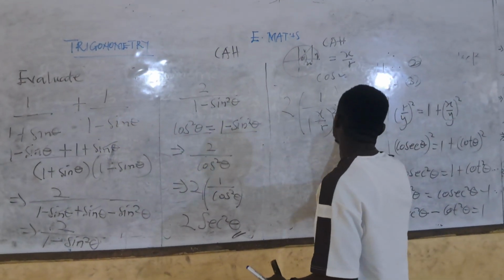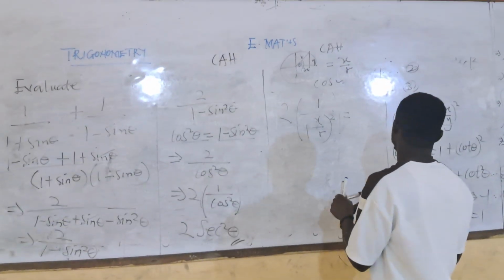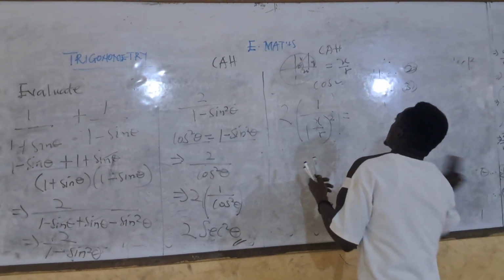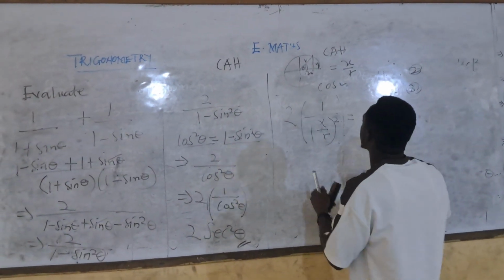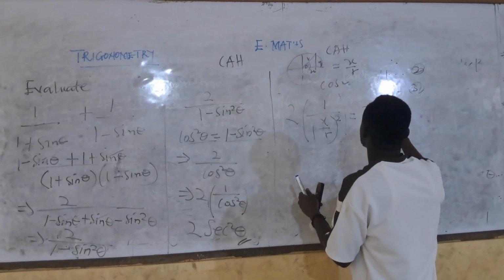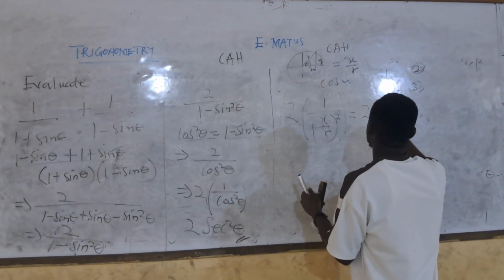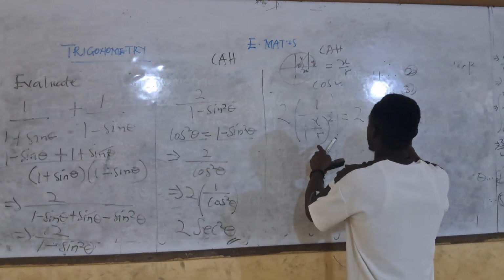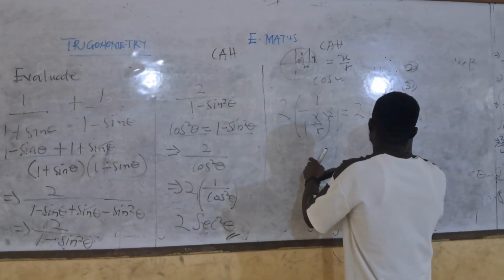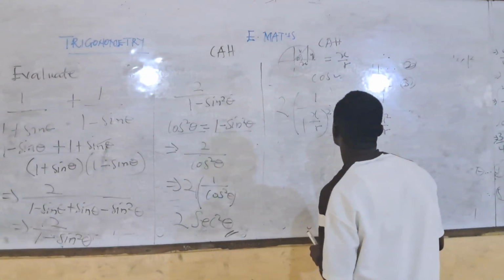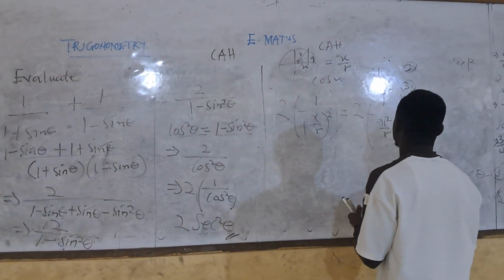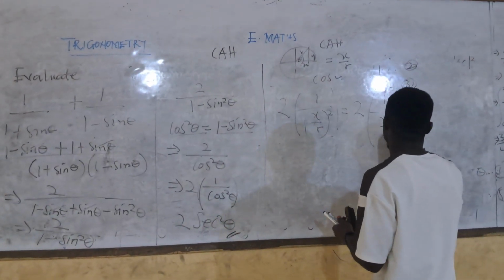Now we expand the brackets. We are going to have 2 into bracket 1 over X squared over R squared, which is the same as X over R all squared.